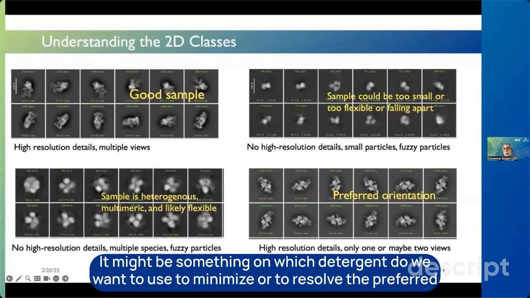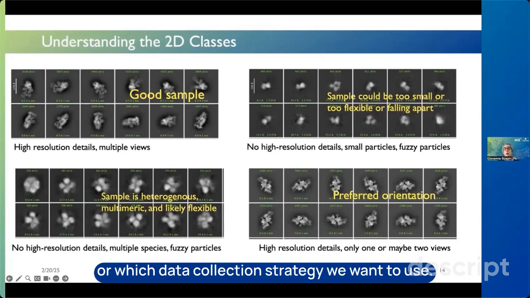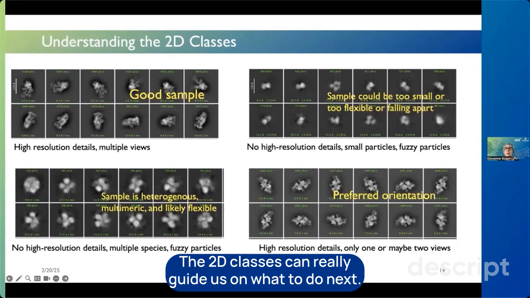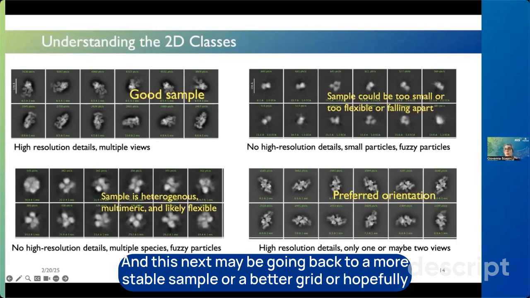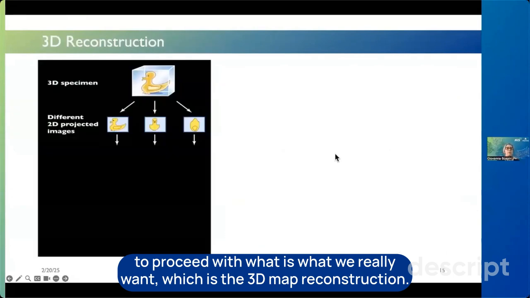It might be which detergent we want to use to minimize or resolve the preferred orientation issue, or which grid type is more suitable to maintain the integrity of our sample, or which data collection strategy we want to use. The 2D classes can really guide us on what to do next. And this next may be going back to a more stable sample or a better grid, or hopefully proceeding with what we really want, which is the 3D map reconstruction.